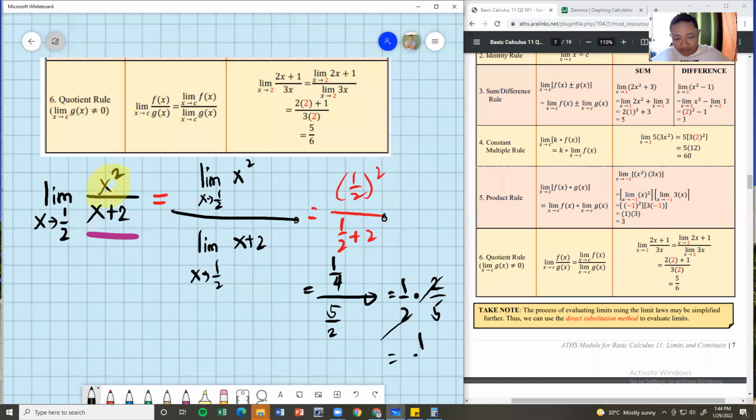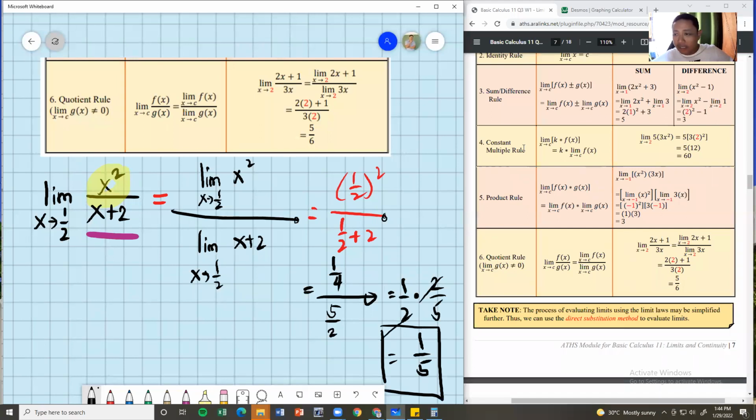The final answer will be 1 over 5. That's it. Nagmukha lang siyang mahaba kasi nag-fraction tayo dun sa x value natin. But the process will just be easy and the same. Can you follow? Show me a reaction so far if the quotient rule is clear to you.